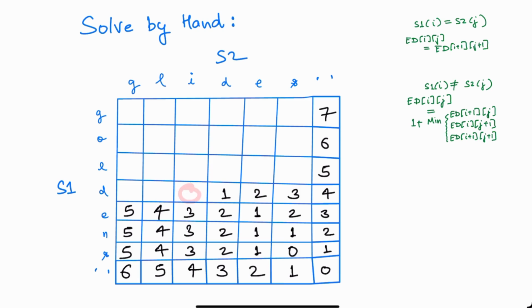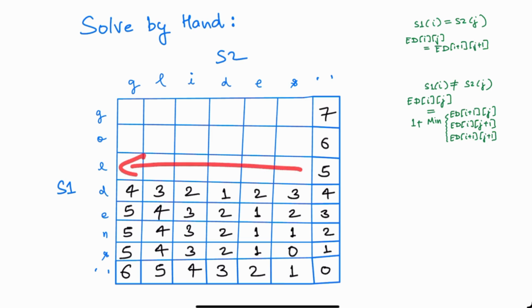Here the characters don't match, so we take the minimum and add 1, which should be 2. Here the characters don't match, so take the minimum and add 1, it should be 3. Here the characters do not match again, so take the minimum and add 1, so it should be 4.